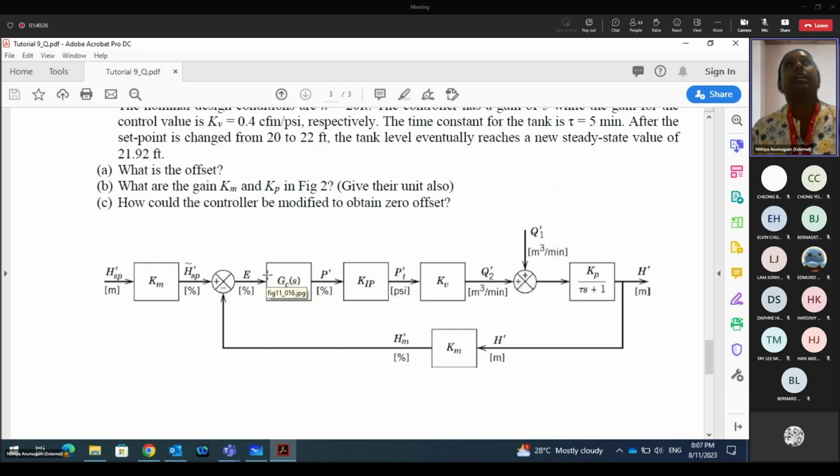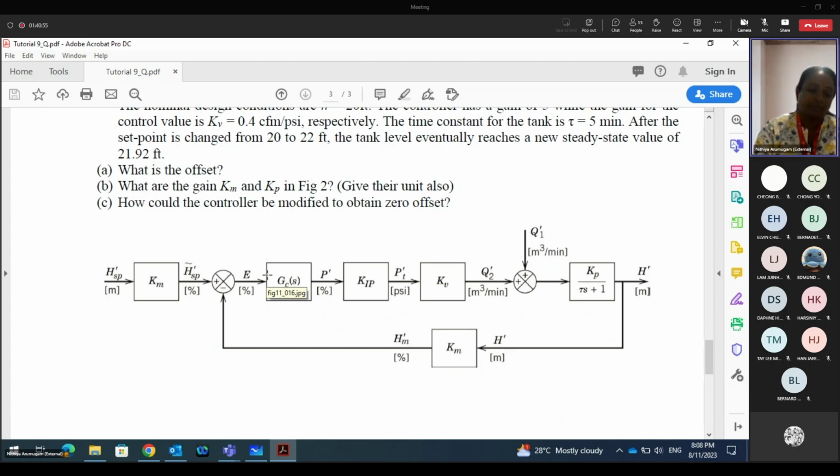If you remember the combinations of control systems, P, PI, PID, PD, for us to get zero offset, we need to add integral control so that we will get zero offset.